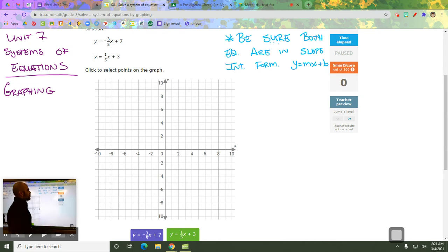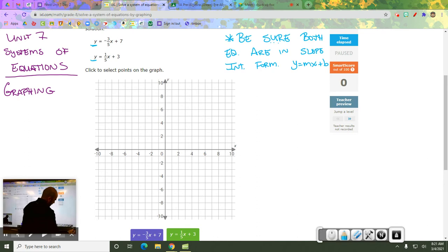So we want to make sure our y is by itself. When I look at these, I have y by itself, I have y by itself. We're good there. So I'm just going to repeat what we did in class the other day.